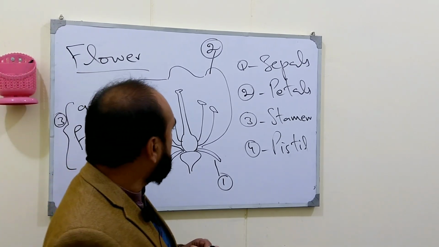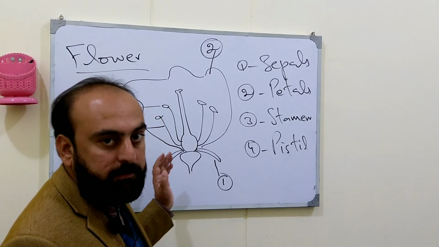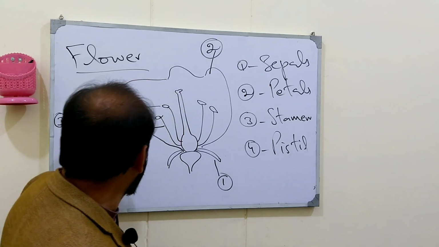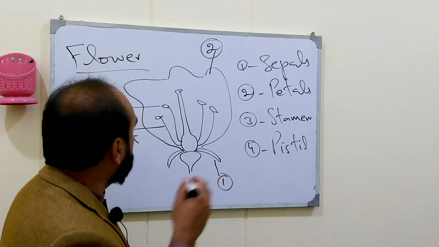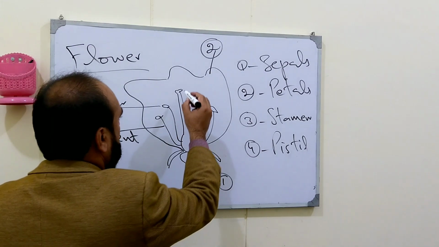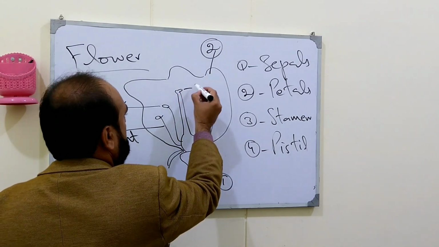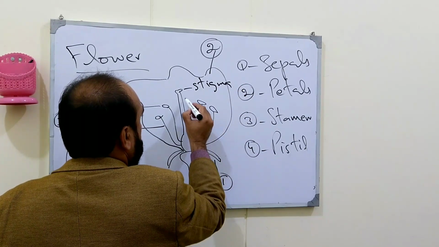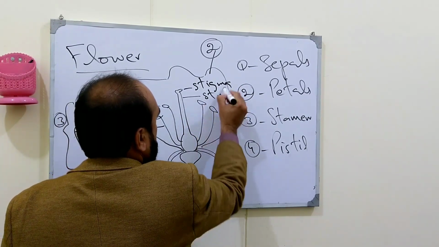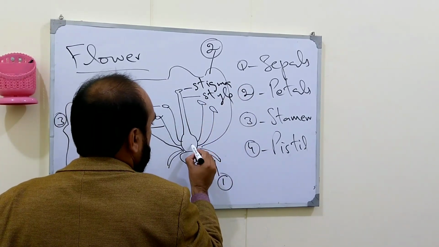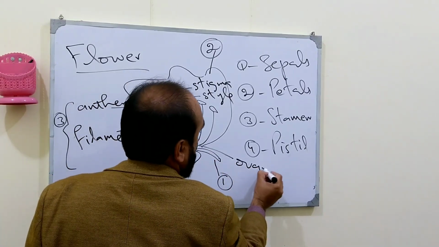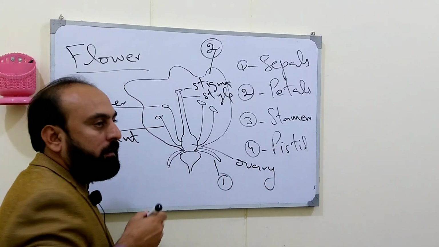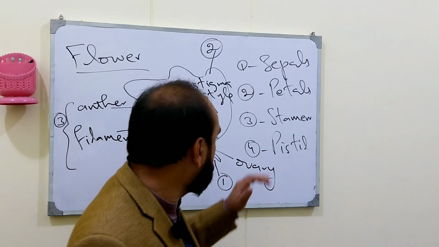Within the anther, several pollen grains are produced. So this is the male reproductive part. Whereas the female reproductive part consists of stigma, style, and ovary. This makes the pistil or female reproductive part.